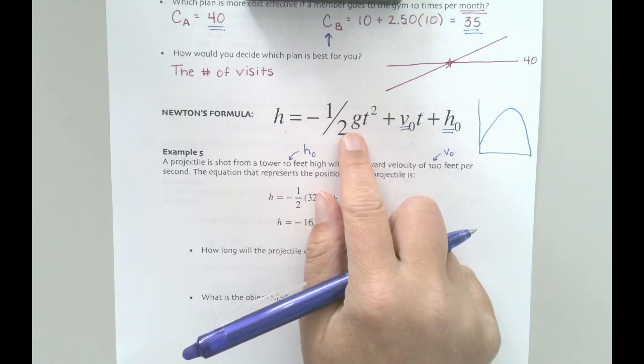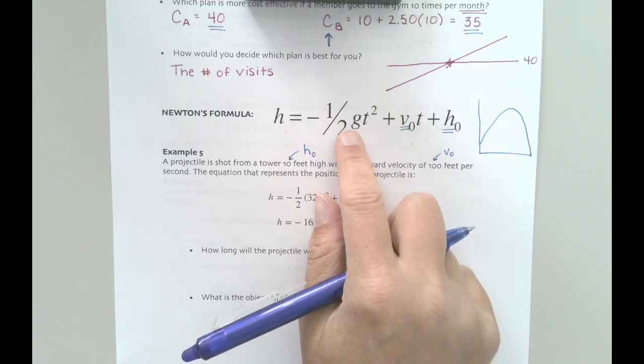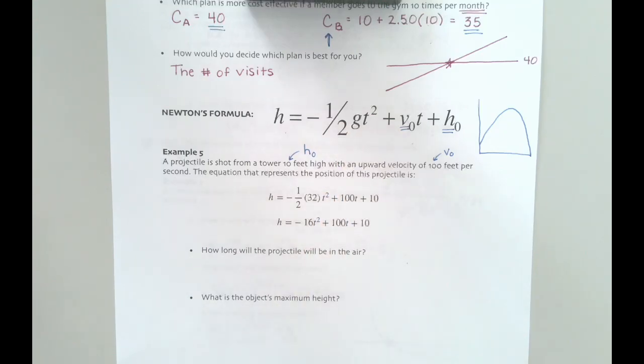G is force due to gravity. Okay, this is the force that gravity is exerting. The good news is, as long as you're on planet Earth, gravity is constant. That's a little bit of a lie. It changes based on your altitude a little bit. But for the most part on Earth, we're going to assume that our gravity is always going to be the same. The bad news is it does depend on which way you're measuring it, whether you're measuring in feet or in meters.